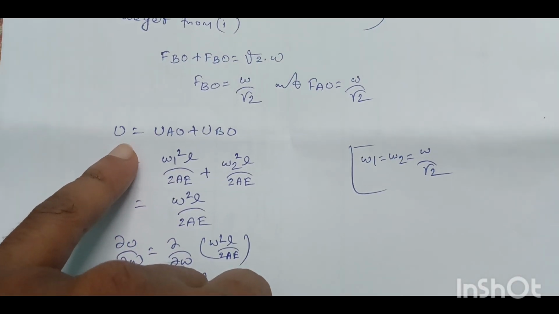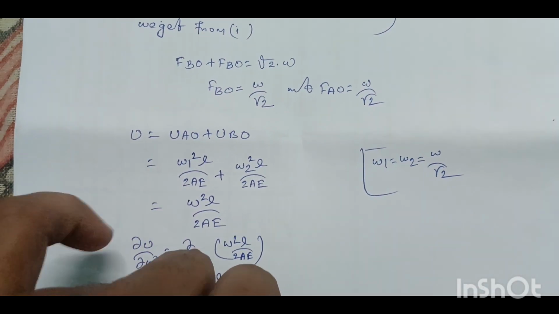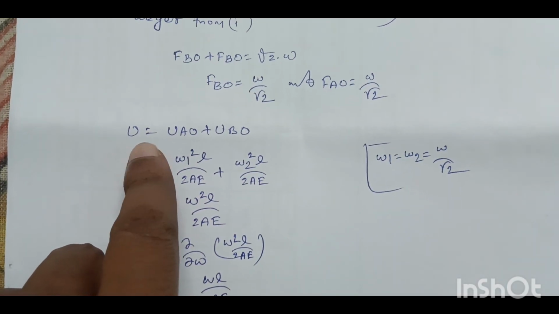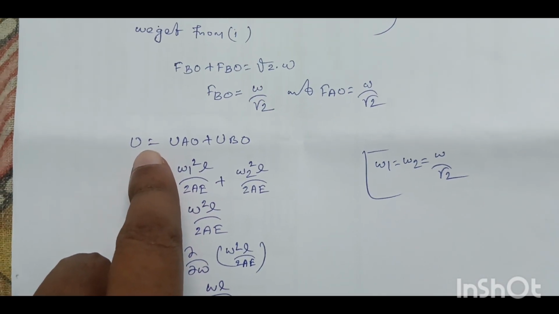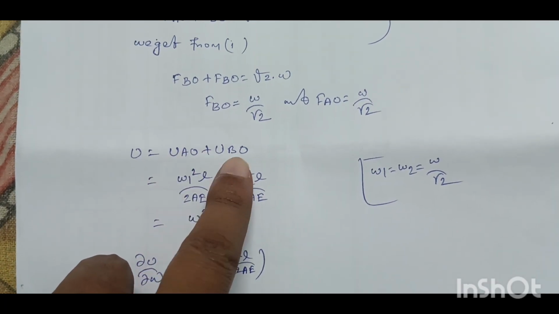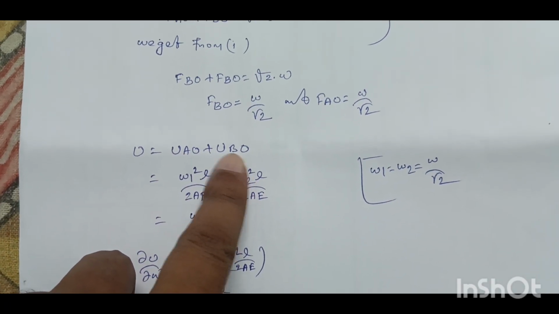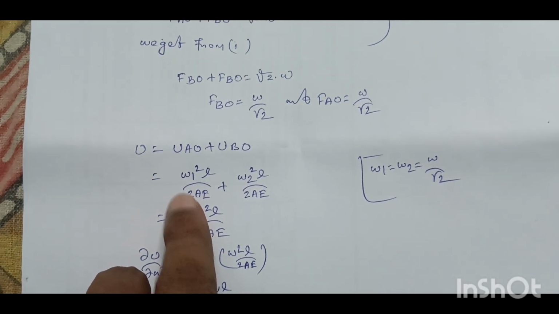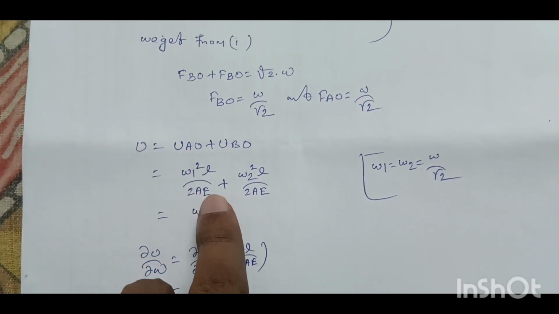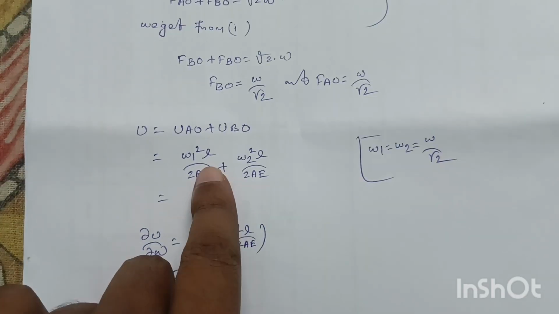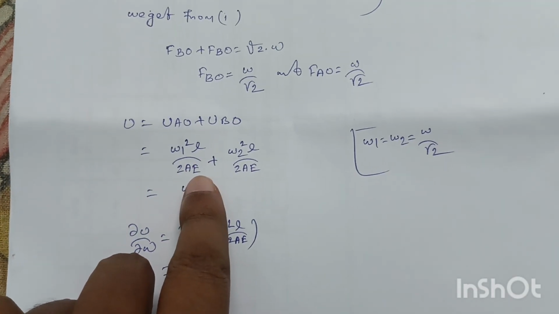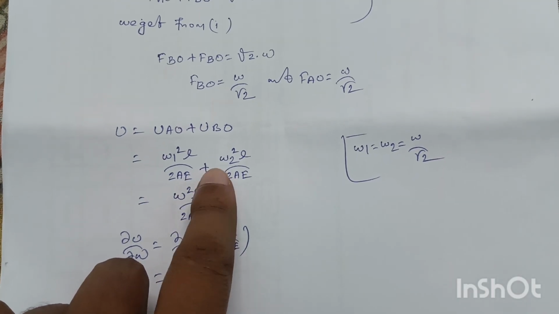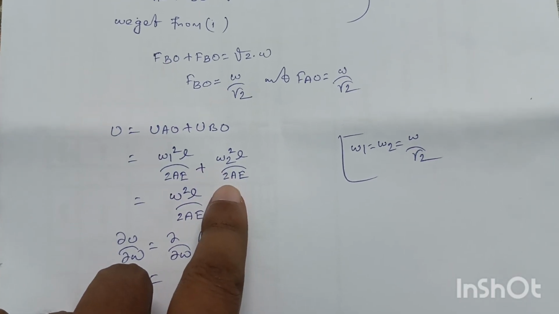Now U is the total strain energy stored by the two bars AO and BO of uniform area. So the total strain energy stored by the two bars will be UAO plus UBO at the point O, and the formula for strain energy is W square L by 2 AE. So for bar AO the strain energy will be W1 square L by 2 AE, and for bar BO the strain energy will be W2 square L by 2 AE.